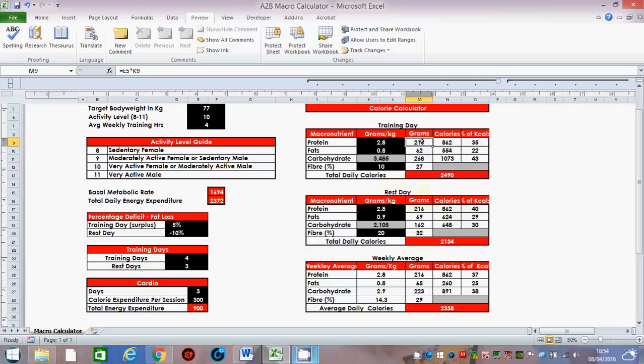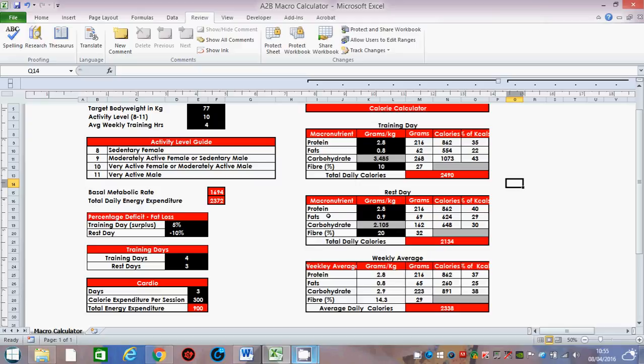So you basically add all those up, the top 3, and times them by the amount of calories they have per gram, it would come out to that figure there, 2,490. Just to make things easier, I'm going to round it to 2,500 when I'm tracking.